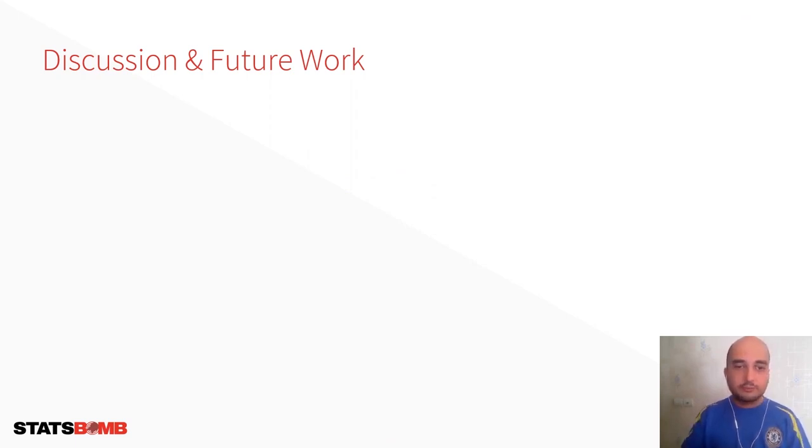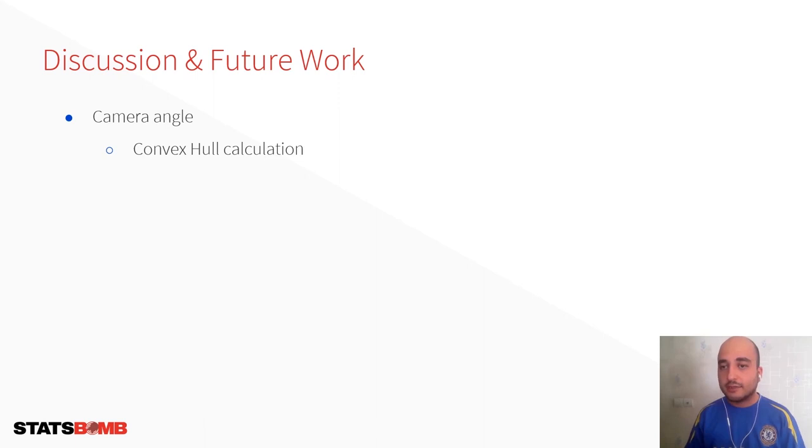And for the discussion part and future work, I think it's very important to mention that the camera angle plays an important role, because we are using 360 data. We don't have information on the players who are not on the camera. So that can have an impact on the way we calculate the convex hull.